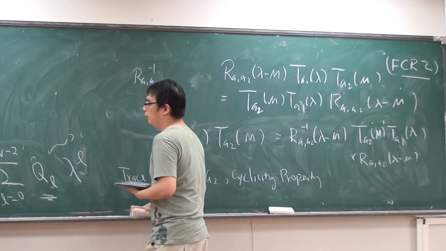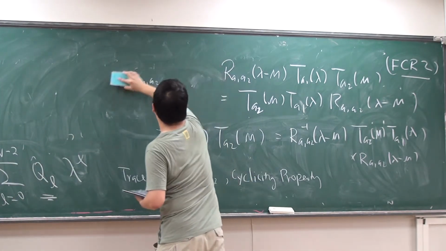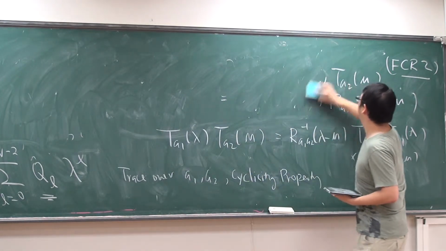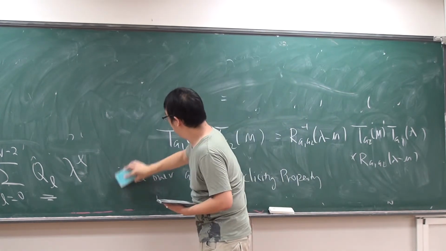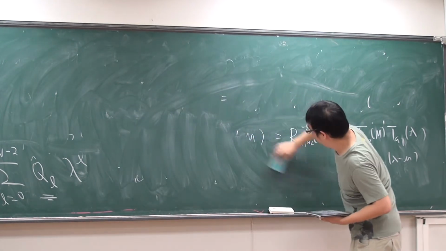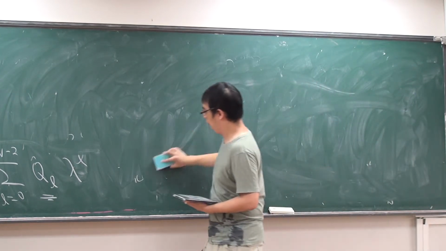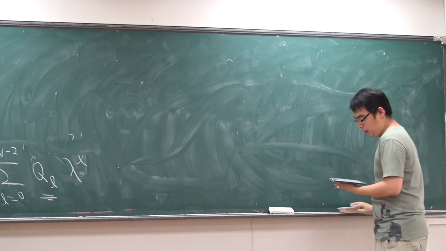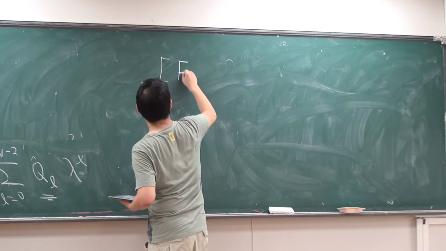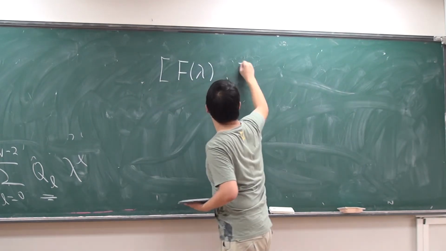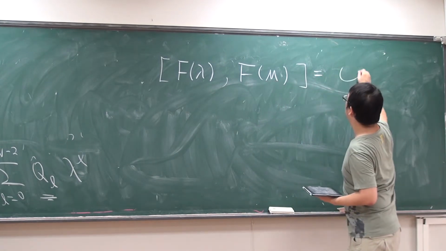So what do we have? We simply get the following, which is what we call F(λ) F(μ) equal to 0.